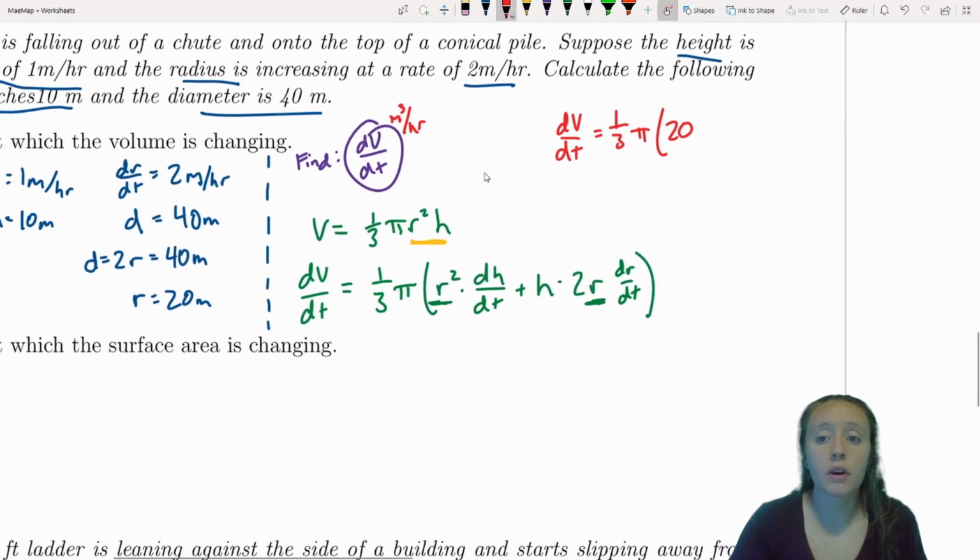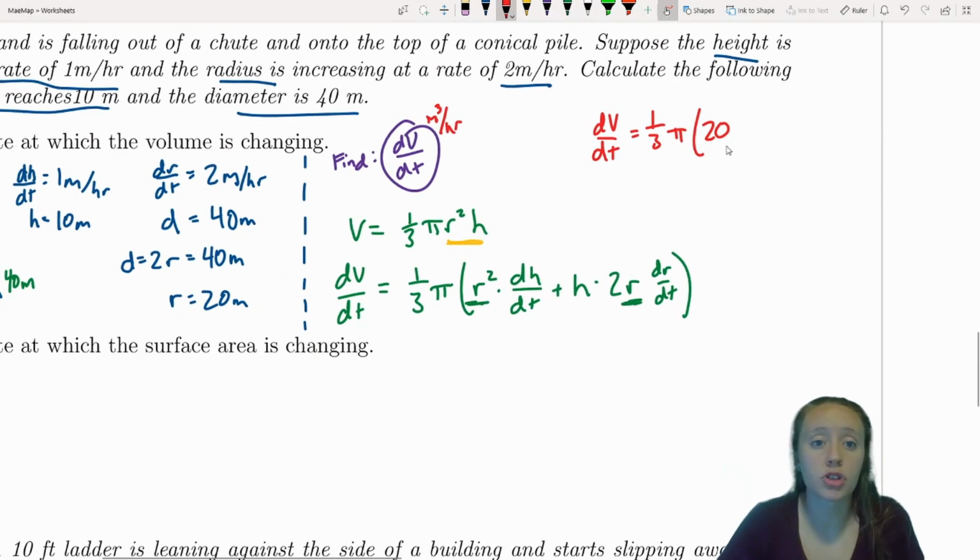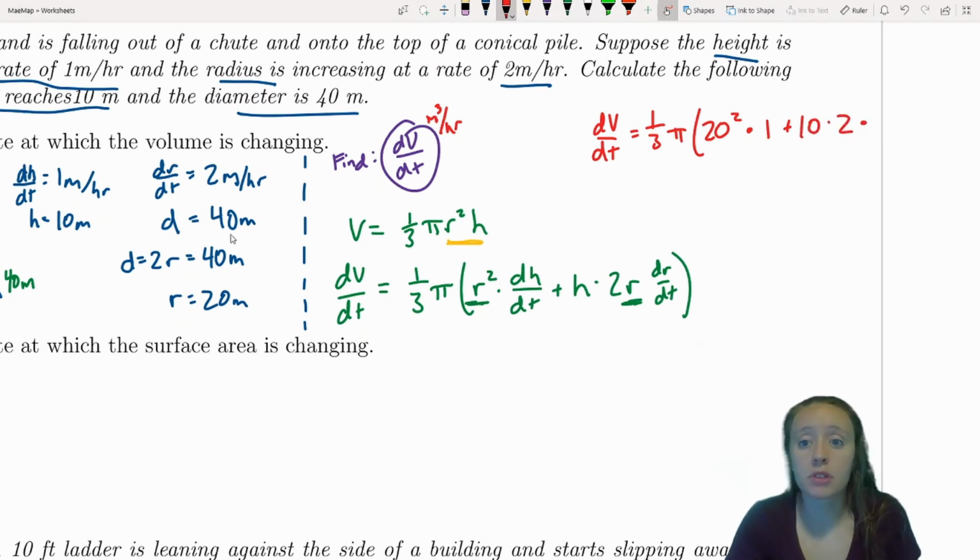So I'm going to have 1/3 pi times 20 meters squared times dh/dt, which is 1 meter per hour, so that's times 1, plus h of 10 meters times 2 times r, which again is 20 meters, times dr/dt, that dr/dt was 2 meters per hour.